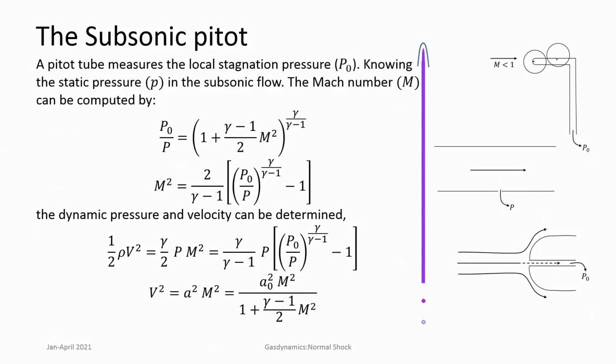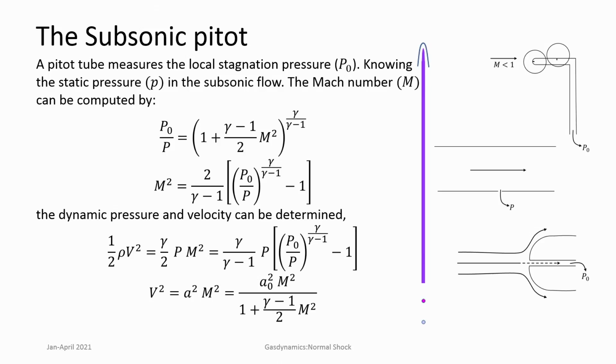So now we come to a particular application of the shocks. Until a few classes ago, we were discussing the applications of isentropic equations to the problem of flow measurement and the Pitot, and we discussed the subsonic Pitot, where in a compressible flow, one cannot use Bernoulli's equation, but rather we have to use the condition that you achieve stagnation pressure within the Pitot.